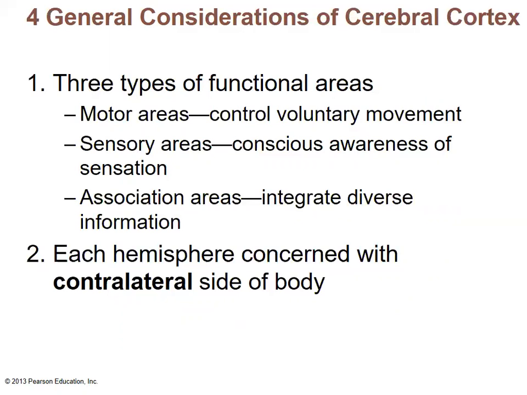We will not look into those in more detail, but just know that there are three parts of the association area. Collectively, they are all involved with intellect, cognition, our ability to recall. It's what develops our personalities, reasoning, understanding, the ability to provide spoken language, and our memory.